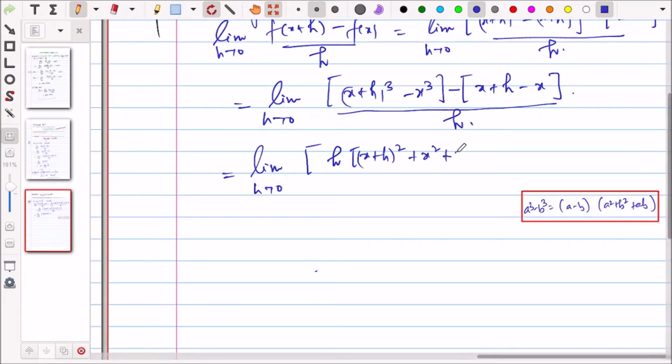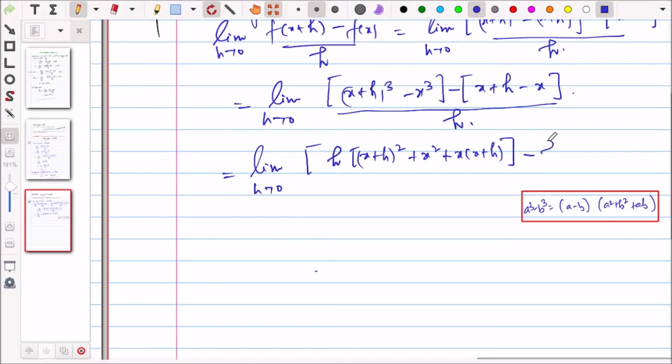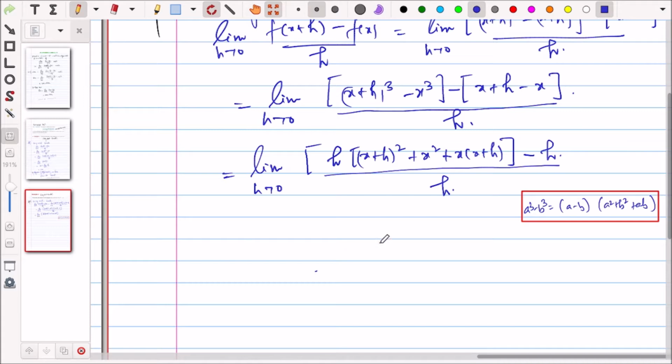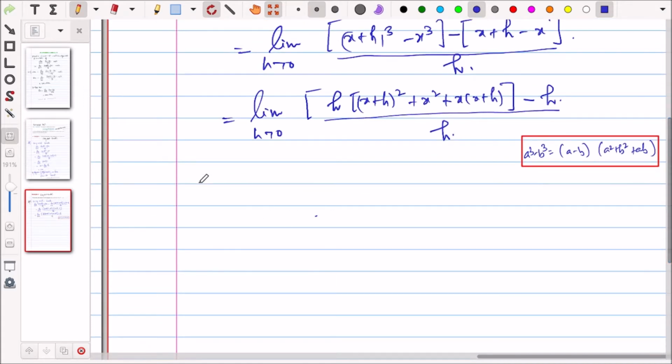x square plus x(x plus h) minus h, right? Is it fine? So now when you take h common, the h in the denominator will get cancelled out.